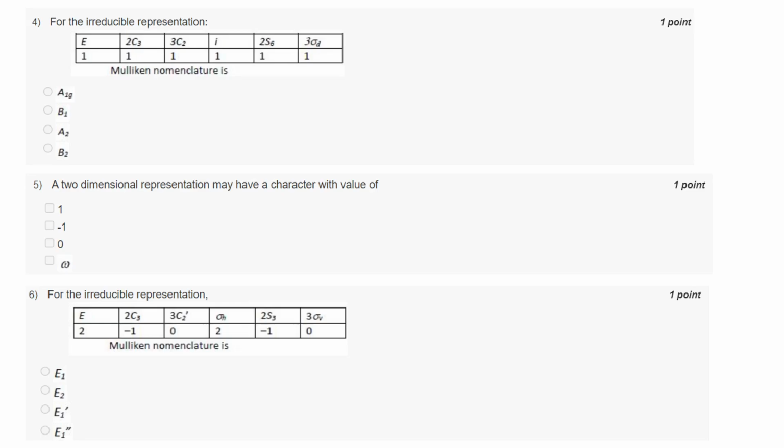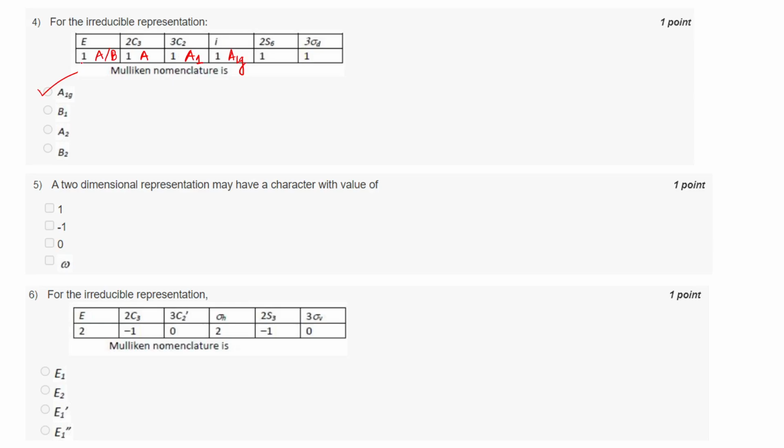So it is A. Up to this it could have been A or B; from here it is A. Now the next symmetry operation, it is symmetric with respect to that, so it is A1. Now the point of inversion, it is g, symmetric. So A1g. So that is the option.